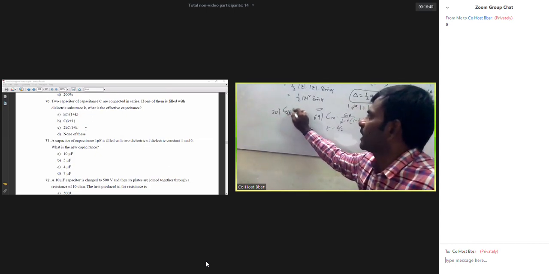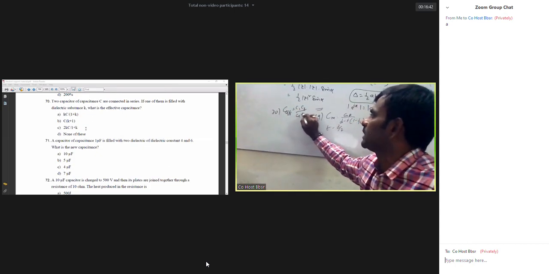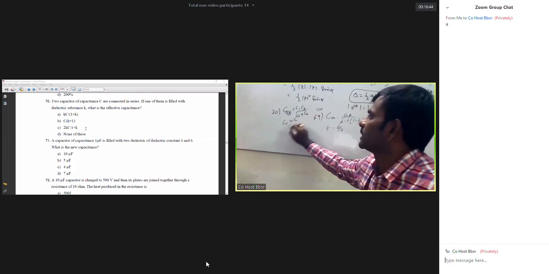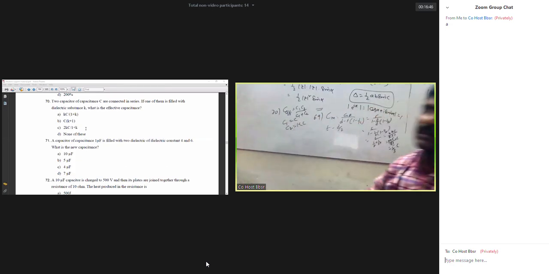C effective equal to C1 C2 by C1 plus C2, with C1 as C and C2 value KC. Series.